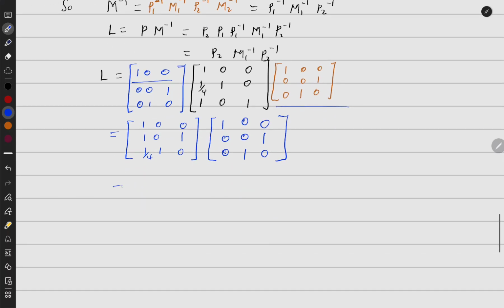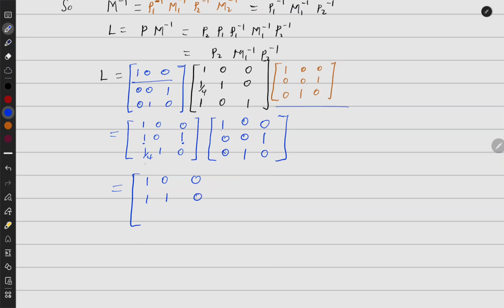So this is the same as, so keep the first row the same. The second one, get the first row, add the second row, add the third. This and this is 1. This and this is 1. This and this, that's 0.